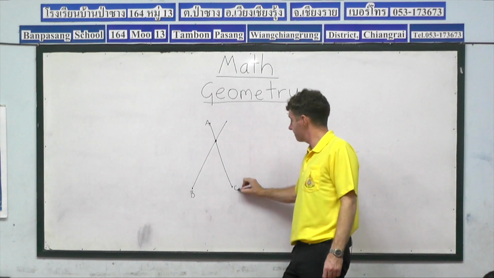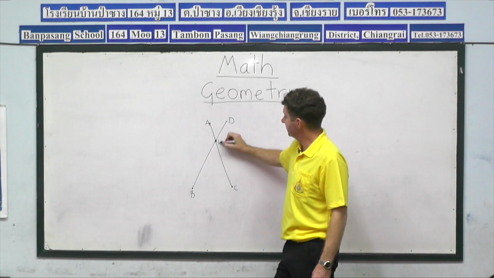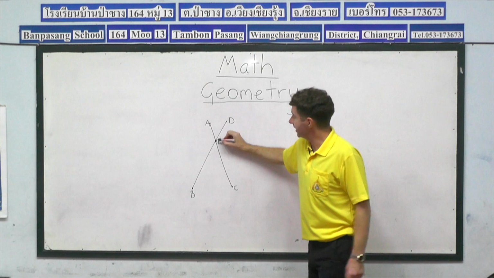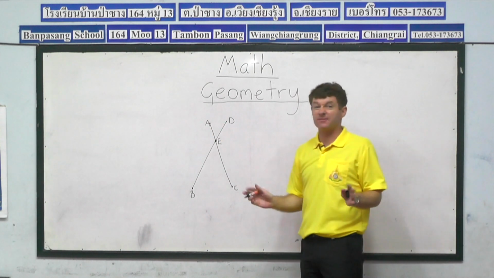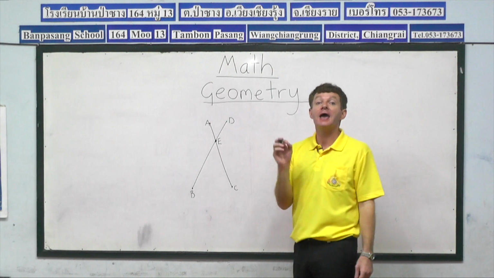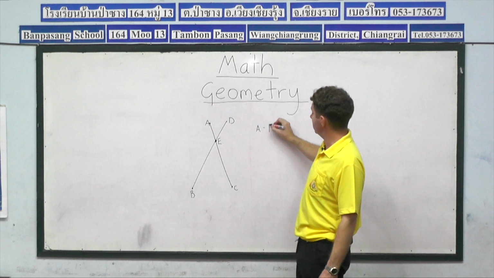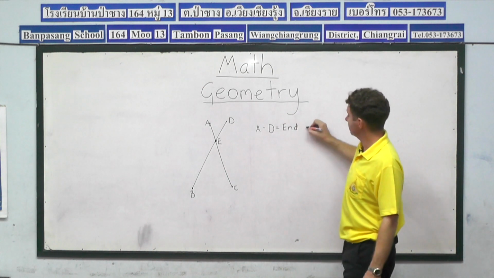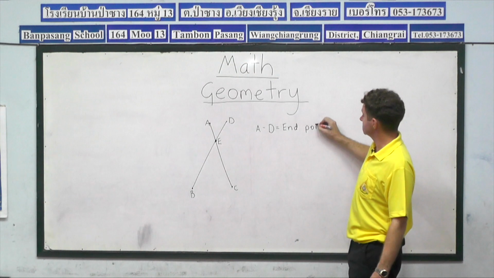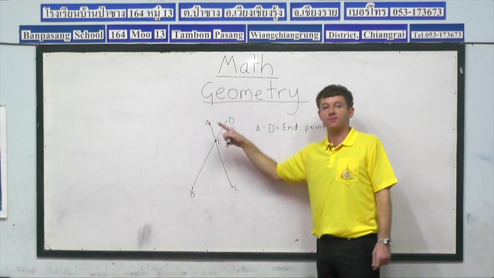C. D. E. And notice, A, B, C, D are not intersecting points, they are end points. A to D equals end points. They are the points at the end of the lines.